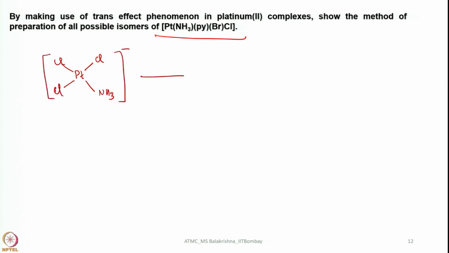So, now the bromide ligand is entering. Of course, here both of them have trans effect, so either we can use this one or this one, it does not matter. Let us put bromine here and the other position does not change.